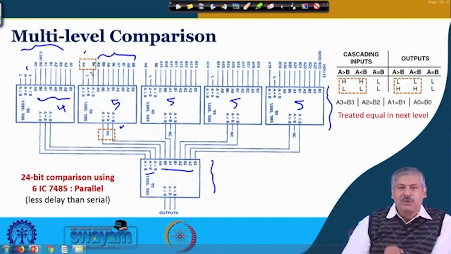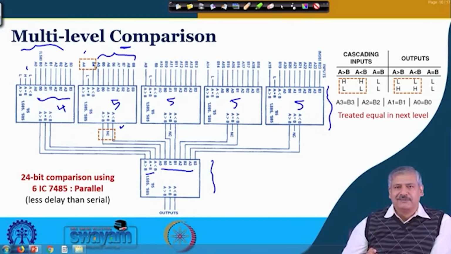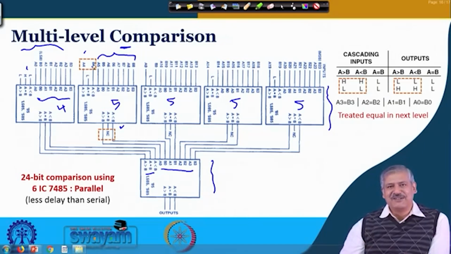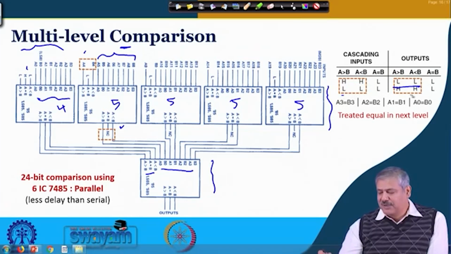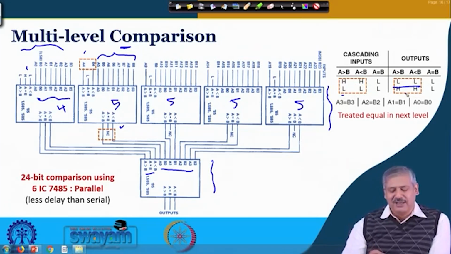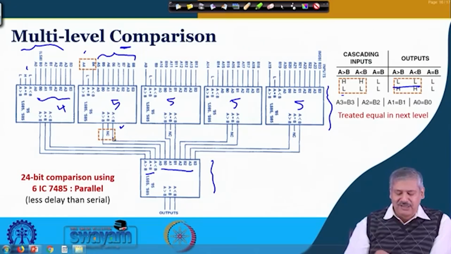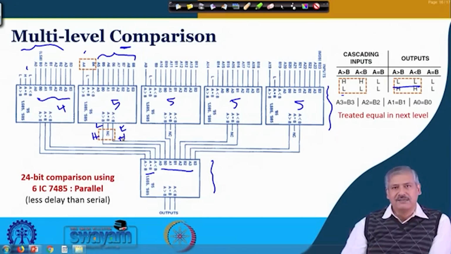Now, if they are all equal, that is where the problem could have been. But if they are equal, we have seen in the previous case in the function table that the outputs are also equal. If both of them are high or both of them are low, the outputs are also LL and HH in this particular case.